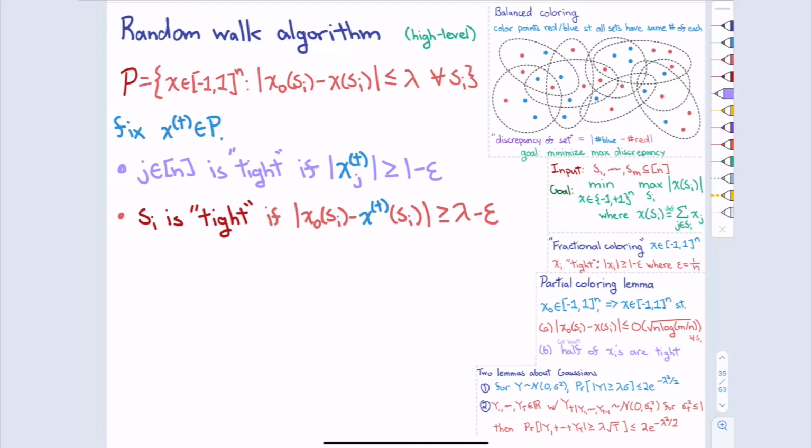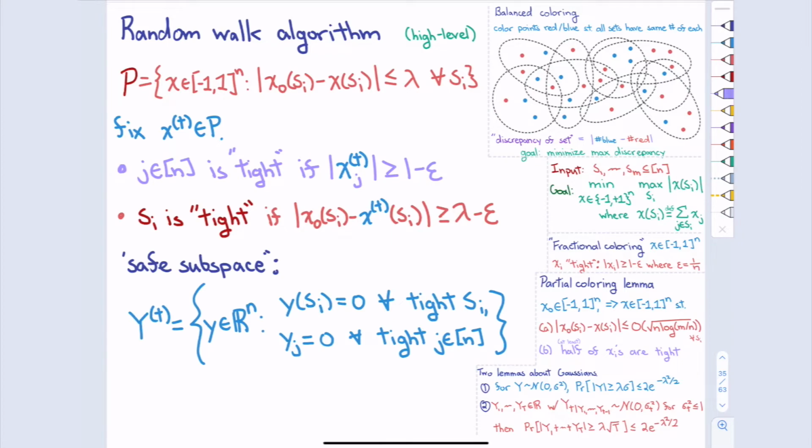And then, based on that, I'm going to define a safe subspace with respect to y_t. These will be the set of vectors where the discrepancy over that set is equal to 0. I want to point out that y_{S_i} is really a sum, so this is a linear equation in disguise, for any tight set, and the coordinates are equal to 0 for all tight coordinates.